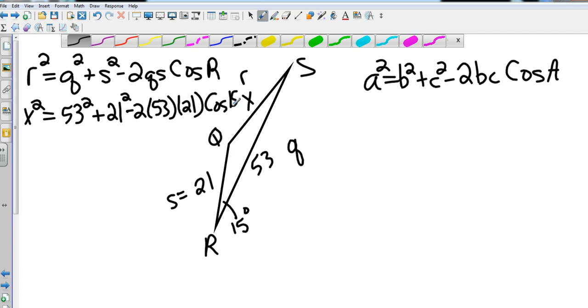So that's going to give me, go over here where I have more room. That's going to give me x squared equals, do some calculation work here, 53 squared is 2809 plus 21 squared is 441.